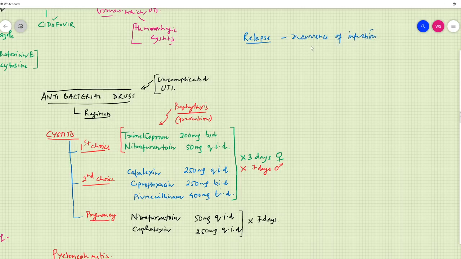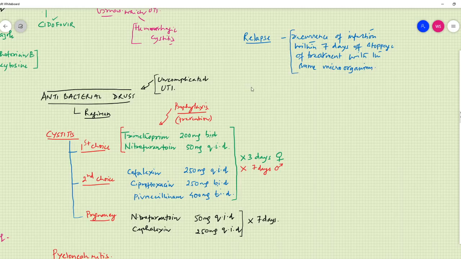Relapse is recurrence of infection within 7 days of stoppage of treatment with the same microorganism. So this is relapse.